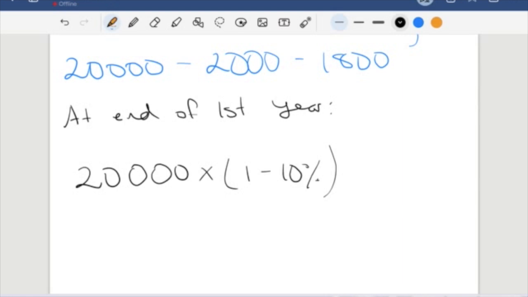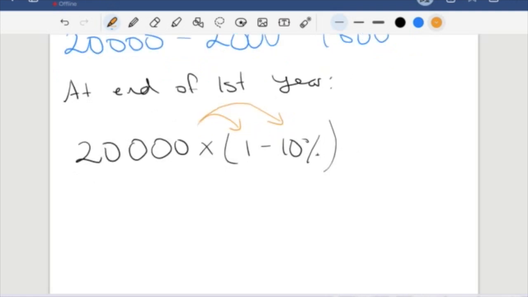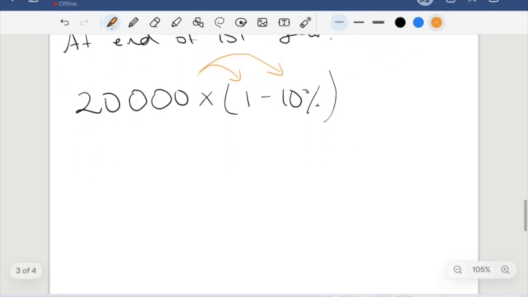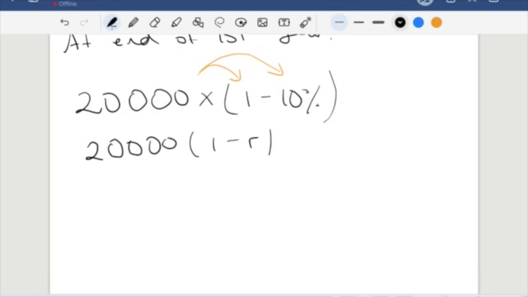So think about when we expand things, if we're timesing it by this, we have our 20,000 as our initial thing, that's the 1, and then we minused from that 10% of 20,000. Hope that's okay so far. So basically what we did was 20,000 times 1 minus the rate.